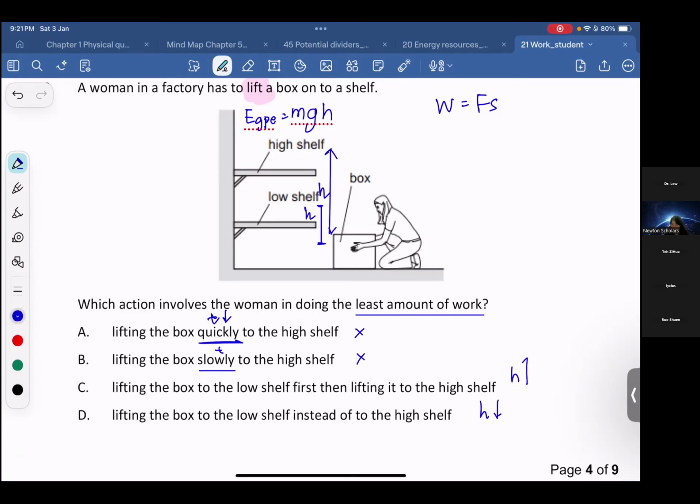This one is higher height. So answer should be D. Or if you're using the distance to explain, it will be a shorter distance and a longer distance. You travel a longer distance and a shorter distance. So here, your work done is less. So this one is your energy is smaller energy. So answer should be D.